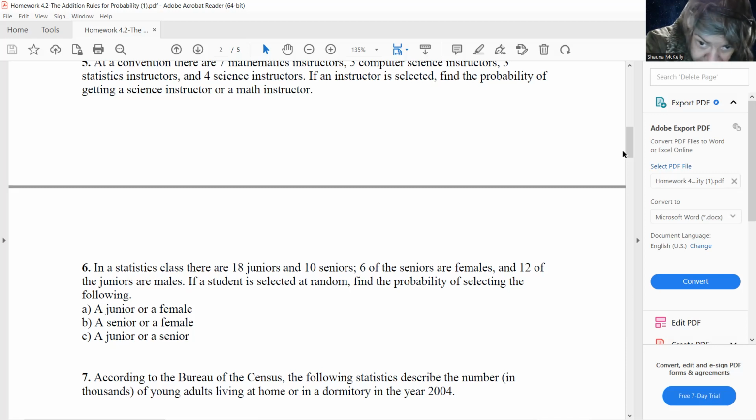If a student is selected at random, find: A is the probability of junior or female. B is the probability of senior or female. And C is the probability of junior or senior. So here's what this looks like. Let's put this on the whiteboard now. This is problem 6.